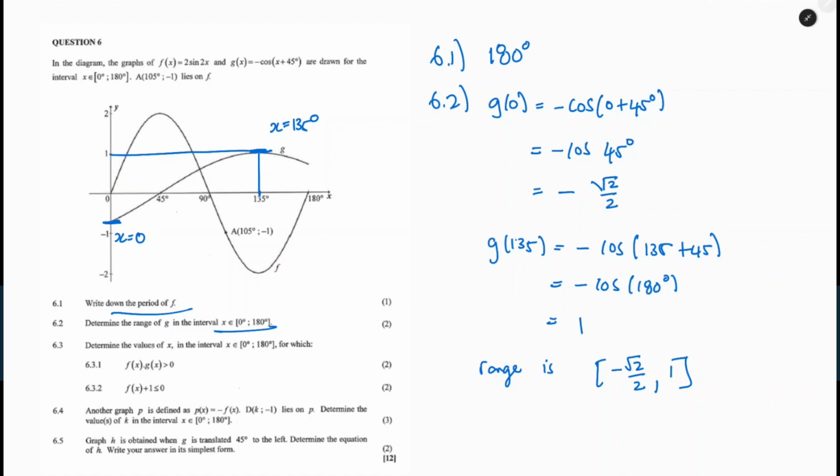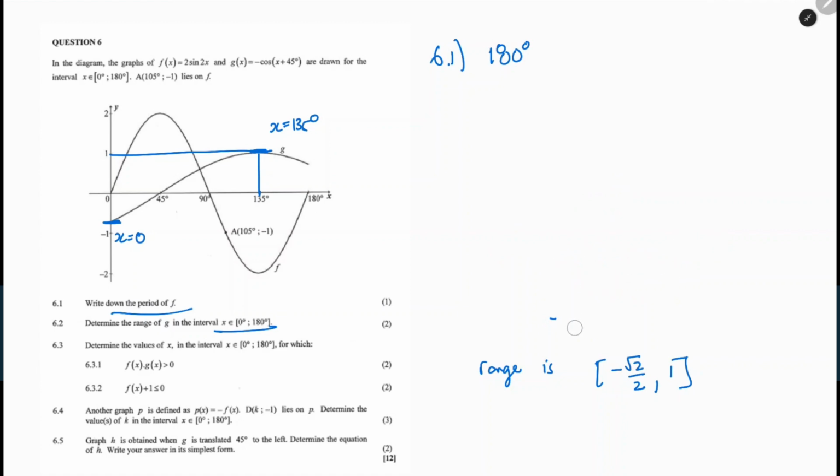Okay, let me erase and make some space here before I go on to 6.3. 6.3. So we've got here, determine the values of x in this interval, which is given to us, where f of x multiplied by g of x is greater than 0. Okay, so that's 6.3.1.